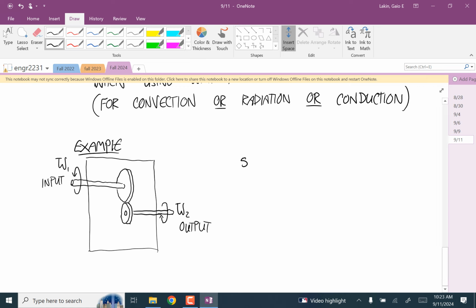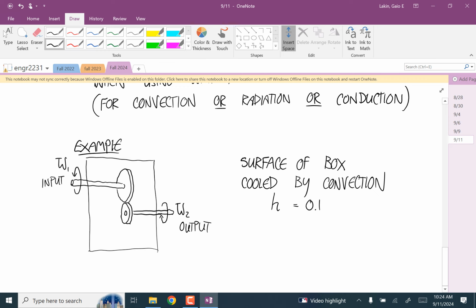And the surface of the box is cooled by convection. And we know from our experiments that the constant of convection, h, is 0.171 kilowatts per meter squared Kelvin. Okay, so that's the units of h.